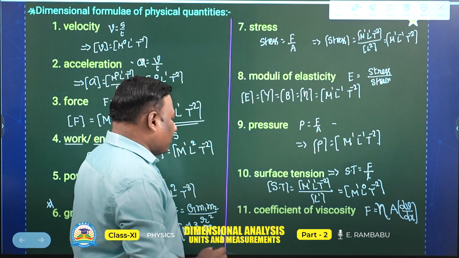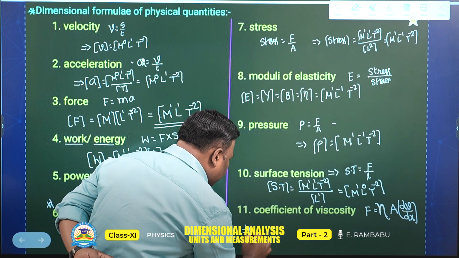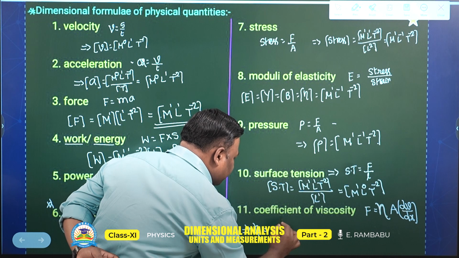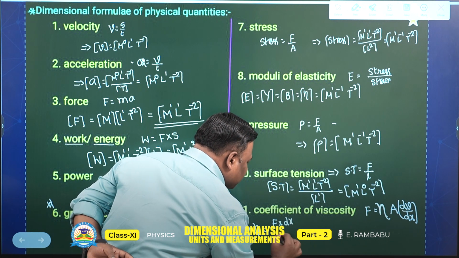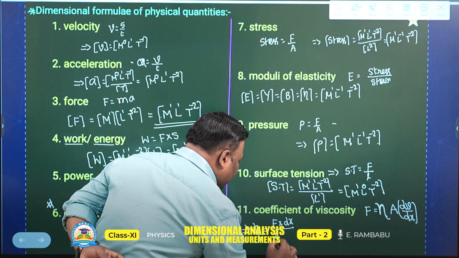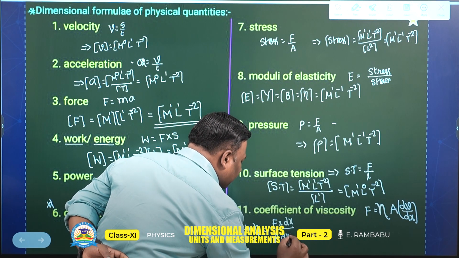Okay? From that, the formula for coefficient of viscosity is force into change in displacement by area into change in velocity.